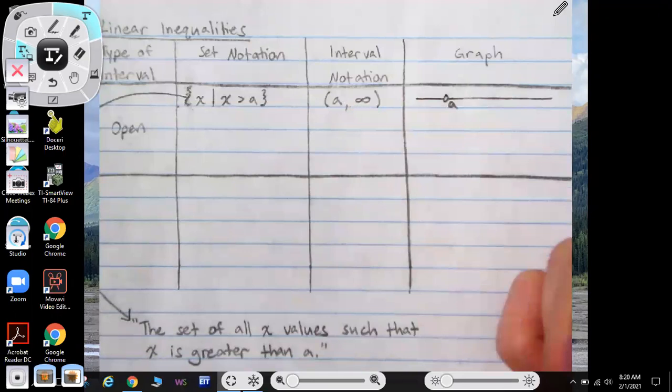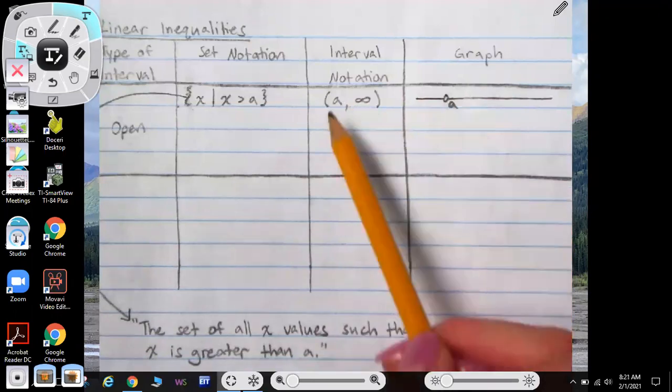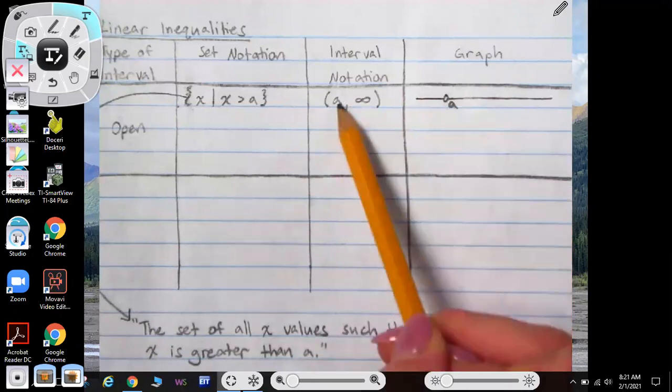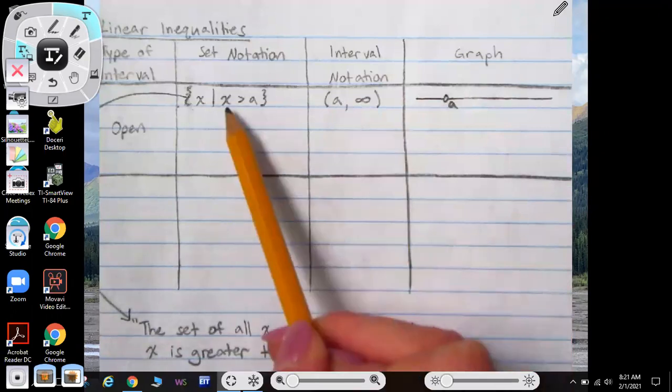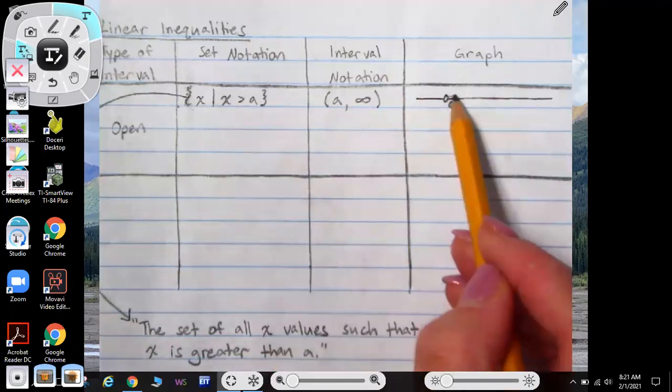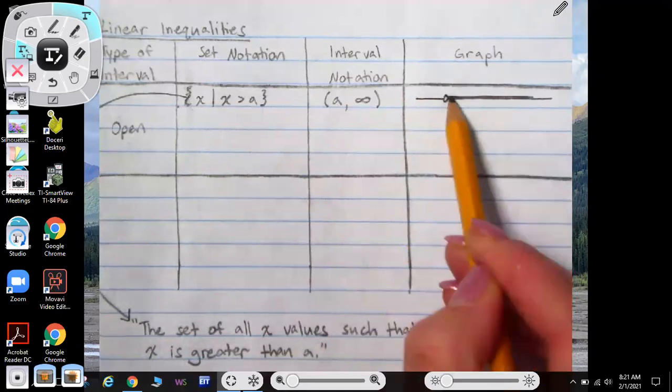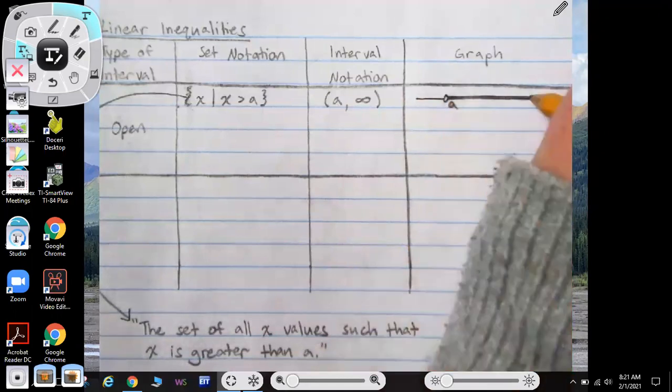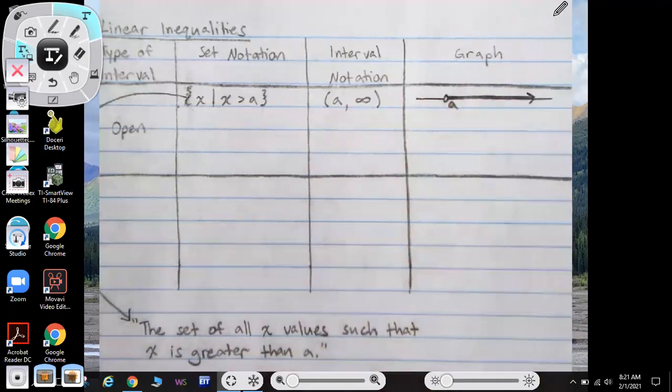It's open because we're not including a in our interval, but we're including all the numbers that are greater than a. So we're going to shade the right side of this circle and draw an arrow. Starting at a, all the numbers that are greater than a are shaded. But we don't shade in a because we're not including that in our interval. It's numbers that are greater than a, not greater than or equal to.